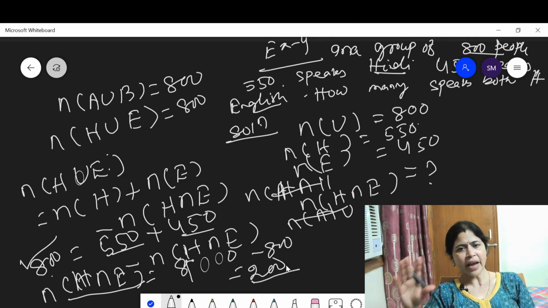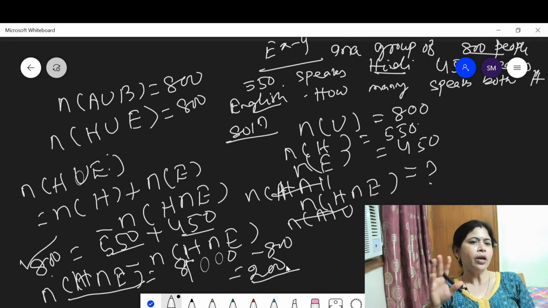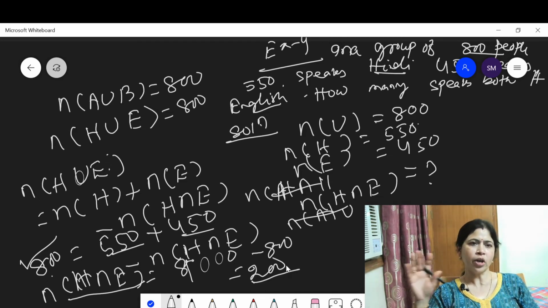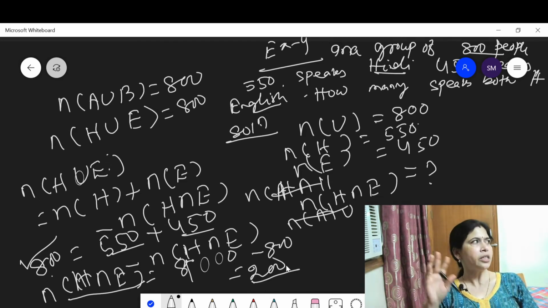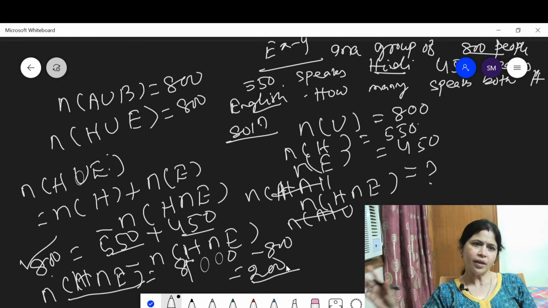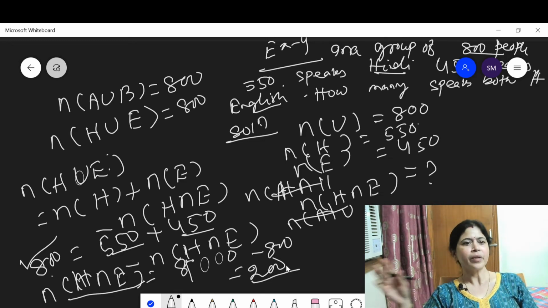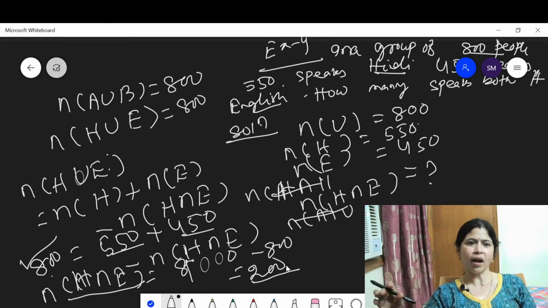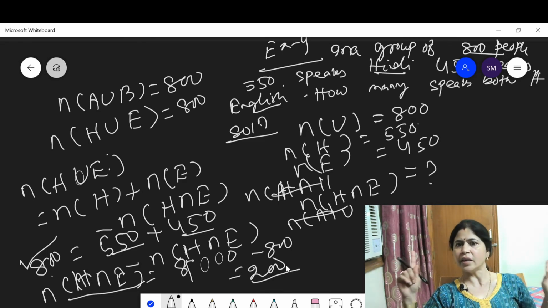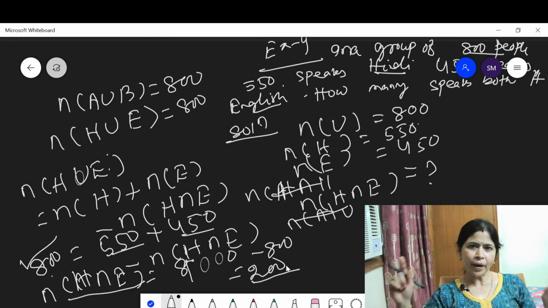Means we have to find out n of H intersection E. From the theory we know that n of H union E is equal to n of A union B, which is equal to n of A plus n of B minus n of A intersection B. Here n of H union E is equal to n of H plus n of E minus n of H intersection E. Then by solving these equations, we find the result that n of H intersection E is equal to 200. This means the number of people who speak both Hindi and English is 200.